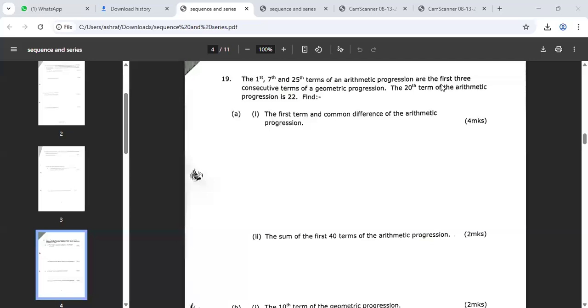Is there anyone who can access the chat section? Since the number is large, some of you cannot access the chat section. If you can't access, you can just unmute yourself and ask. If you have a question, just raise up your hand. I'll ask you to unmute yourself and then you can ask.